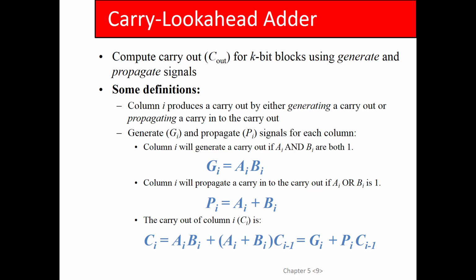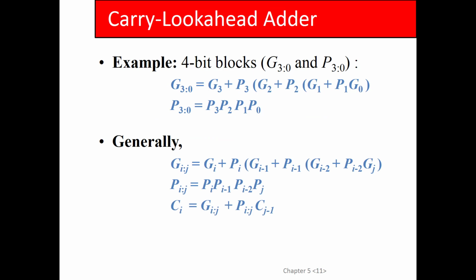So usually the way it works is you generate propagates and generates for groups of bits, for ranges. So instead of individual bits, I can generate whether this entire block of 4 bits will generate or propagate based on its internal generates and propagates. You guys with me? What does that mean?